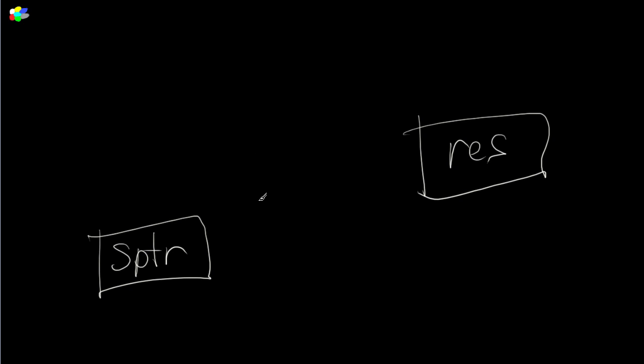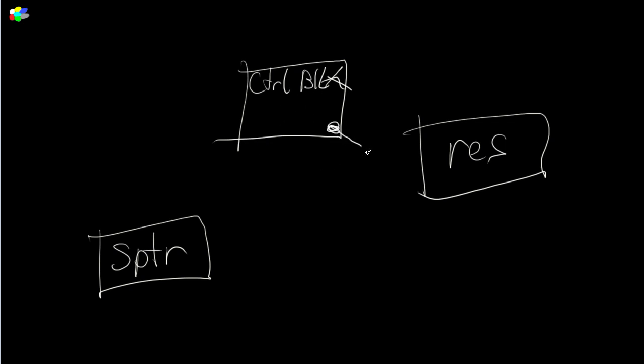Now the missing piece of the puzzle here is the thing that implements all this cool machinery, and that is called the control block. The control block is where all this good information is stored. So the control block is going to contain a pointer to the resource, and the control block is also going to store the use count. And your shared pointer is going to have a pointer to the control block.